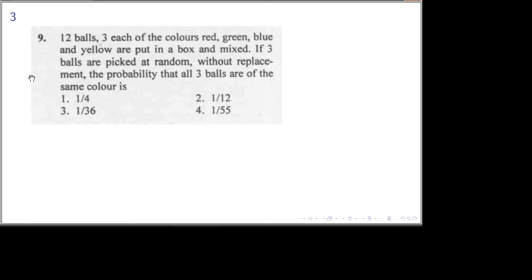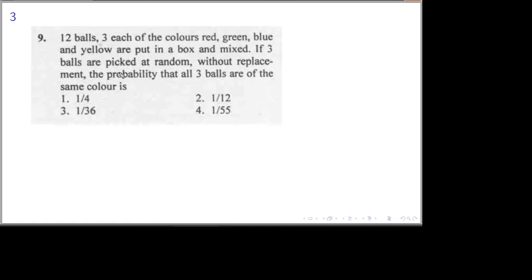The next one is a combinatorics, a probability question. There are 12 balls, 3 each of colors red, green, blue, and yellow, put in a box and mixed.